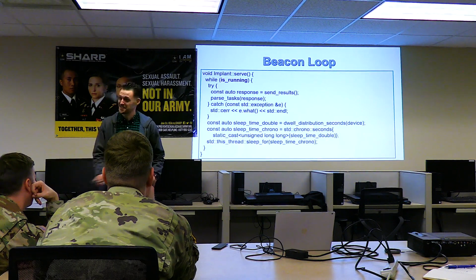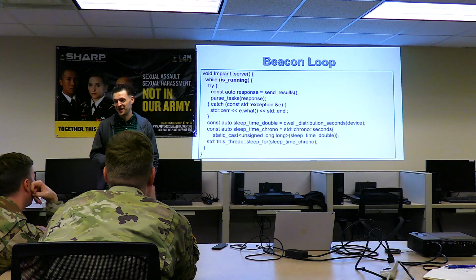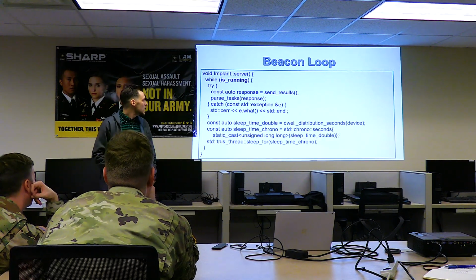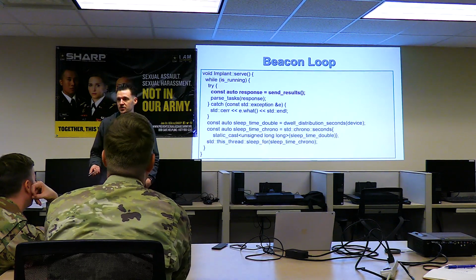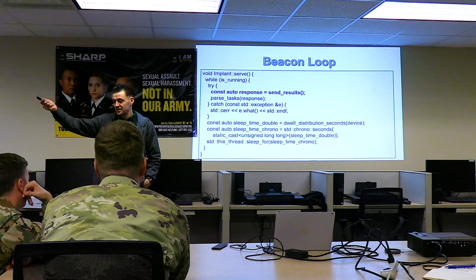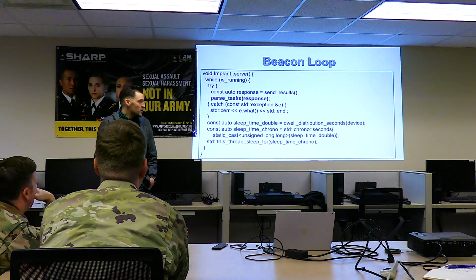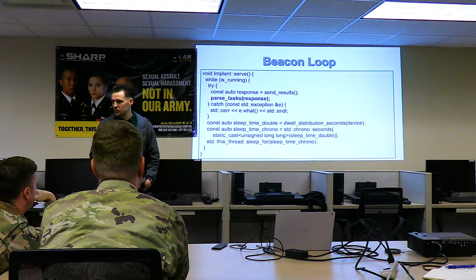You don't have to worry about this because this is C++ and you just made it an atomic and you go on with your life. But if you're writing this in C, you have to think about all kinds of important stuff like that. Cool. So in the beacon loop, we just do two things. Send the results, you get the tasks back, and then parse the tasks, right? Remember that diagram of how the beacon loop works?